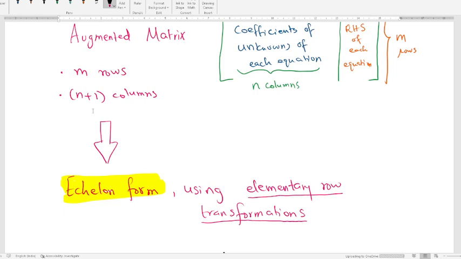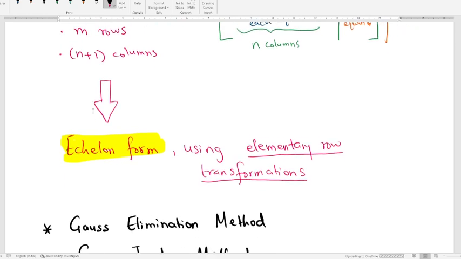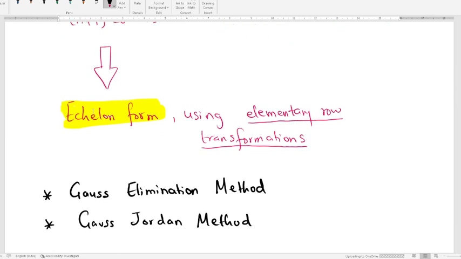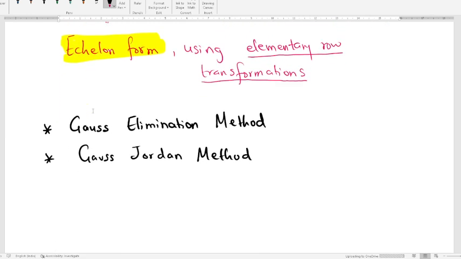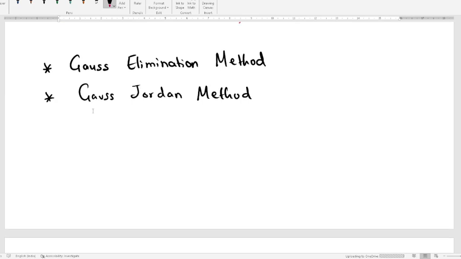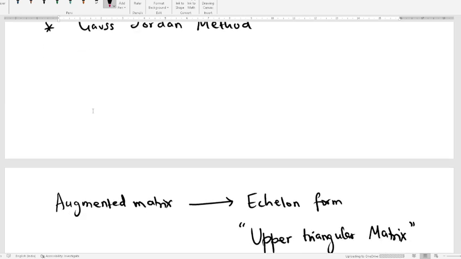Having tested the consistency of a linear system, we wanted to find the solutions. Given that a system of linear equations is consistent, we today tried to understand two different methods to find the exact solution. These are all exact solutions, no approximation here at all. Exact solutions of linear systems using Gauss elimination and Gauss Jordan methods.